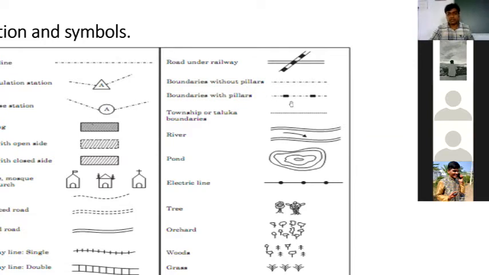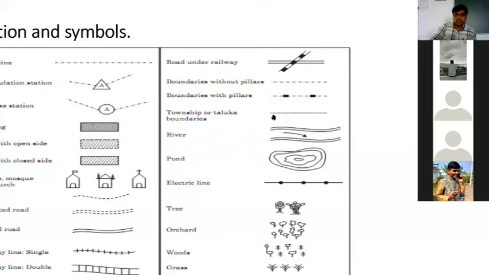And boundaries with pillar: wherever we have pillars or columns, we're going to have this solid rectangle, this kind of symbol. Okay, and the next, township or taluka boundaries.